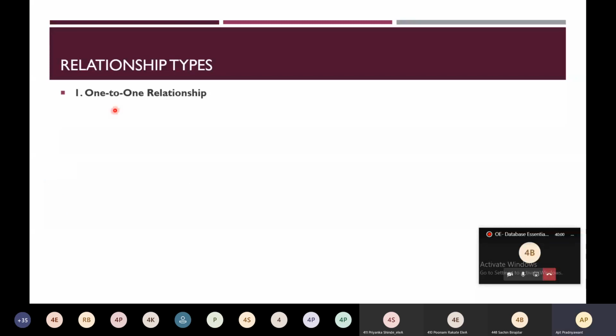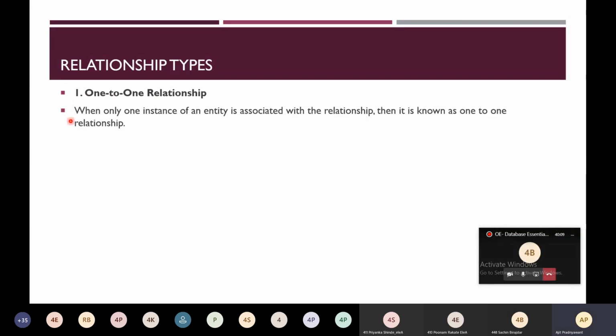First is one-to-one relationship. Now you can understand what is one-to-one relationship. When only one instance of an entity is associated with the relationship, then it is known as one-to-one relationship.